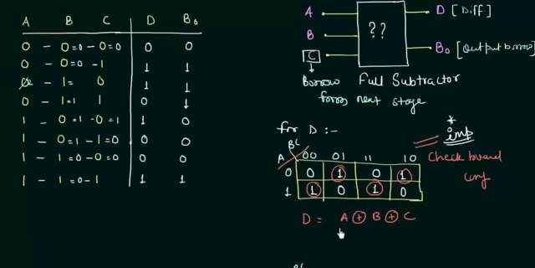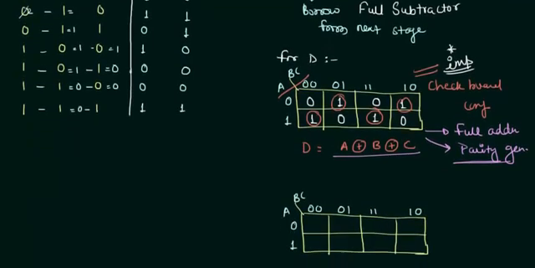So this is what we discovered, the checkerboard configuration, and this configuration appeared in our full adder, and also this configuration appeared in our parity generator. In the parity generator lecture I proved that these combinations of single ones is going to give you A XOR B XOR C. So we are not going to do it again. If you are having any doubt regarding this, go to the parity generator lecture and find it out.